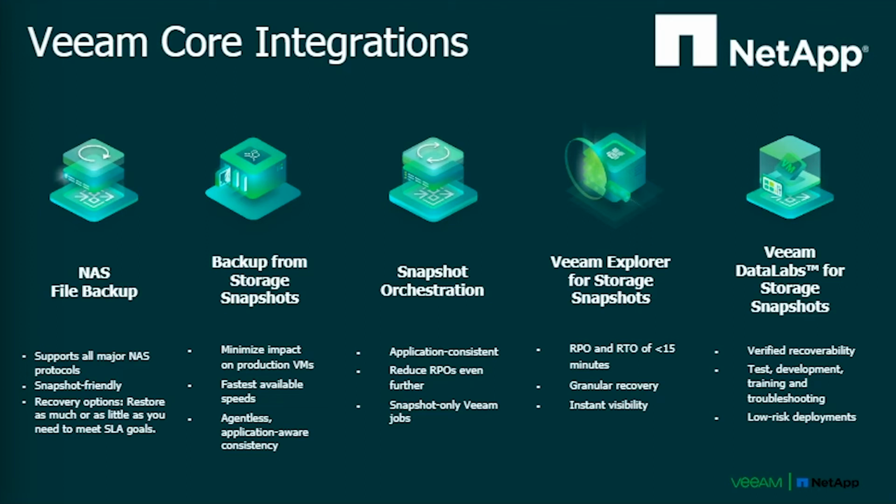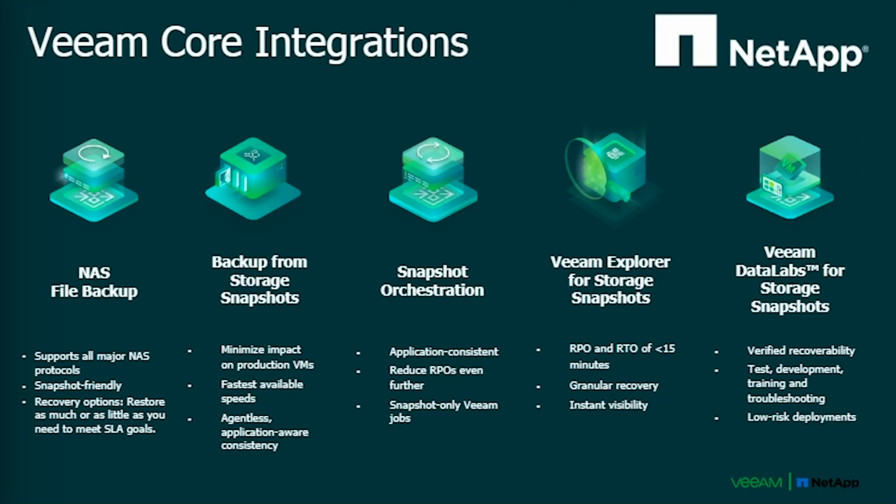But the advantage of something like backup from storage snapshot is not only the performance, but it is the impact, or should I say the lack of impact, that data protection has on your primary applications and infrastructure. So we actually minimize this, and with our ability to do what we call backup from a replica or backup from a SnapMirror or SnapVault technology, if you've heard of those NetApp replication technologies, we can actually reduce the cost from a performance standpoint on your primary applications to near zero from a data protection standpoint.